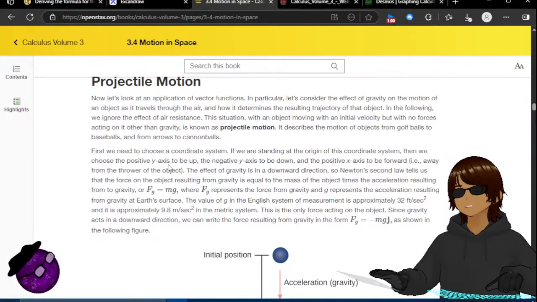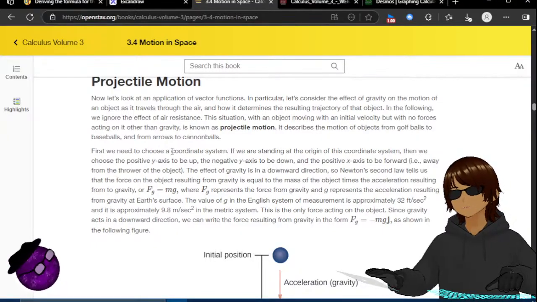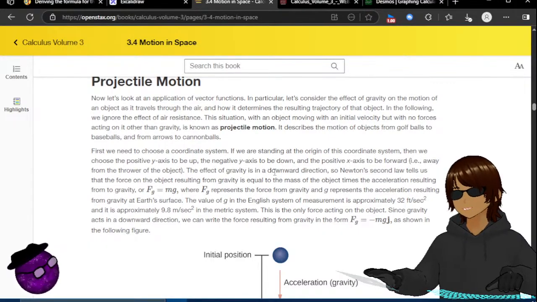First, we need to choose a coordinate system. If we are standing at the origin of this coordinate system, then we choose the positive y-axis to be up, the negative y-axis to be down, the positive x-axis to be forward. The effect of gravity is in a downward direction.